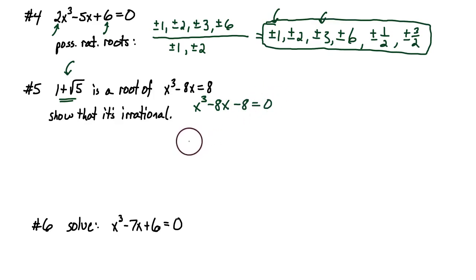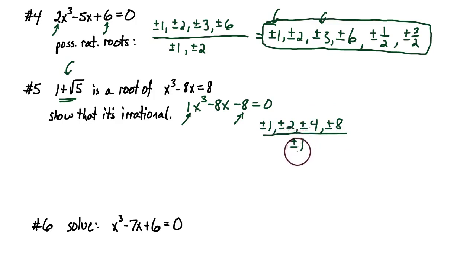Now let's create a list of the possible rational roots, like we did in question 4. The factors of the constant divided by the factors of that leading coefficient of 1. So that's plus or minus 1, plus or minus 2, plus or minus 4, plus or minus 8, all divided by positive or negative 1.